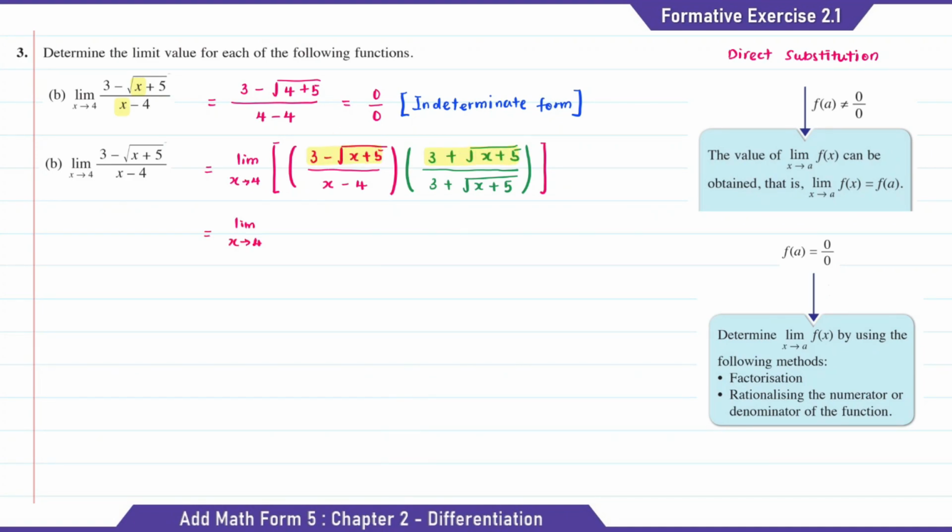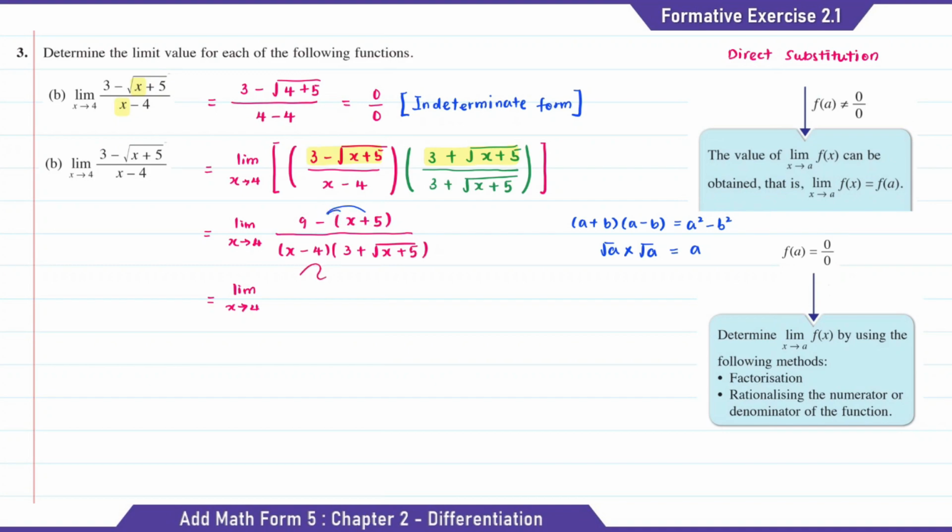So here when I expand for the numerator, by using this as the guideline, here we're going to get 3 squared, which is 9, then minus x plus 5. As for the denominator, I'm just going to leave it as x minus 4 times 3 plus square root x plus 5. So here when we solve for the numerator, we're going to get 9 minus 5, which is 4, minus x.